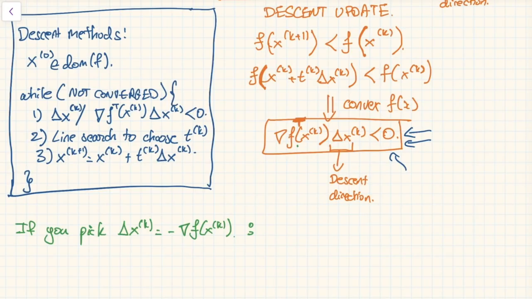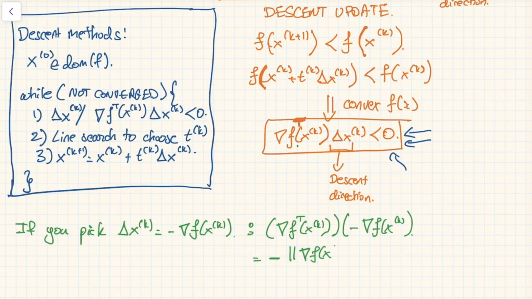Why? Because you've got the gradient of f transpose at xk multiplied by the negative of the same quantity, which gives minus the norm of the gradient of f at xk, squared. This is positive, and so the whole thing is negative.